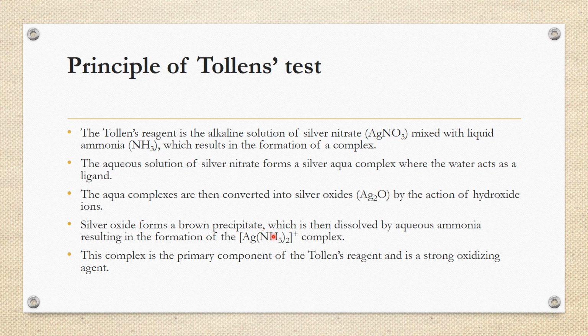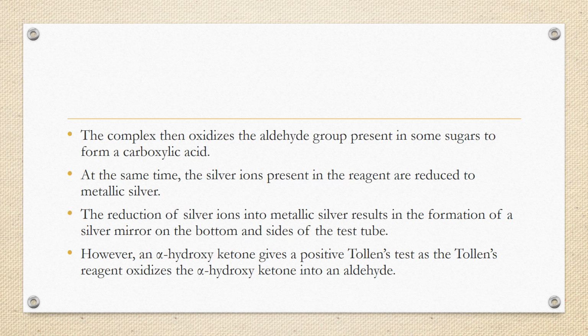Through this complex, the aldehyde group in the aldose sugars will be oxidized to give a carboxylic acid. So the diamine silver hydroxide complex will oxidize the aldehyde group present in some sugars, which are aldose sugars like glucose.